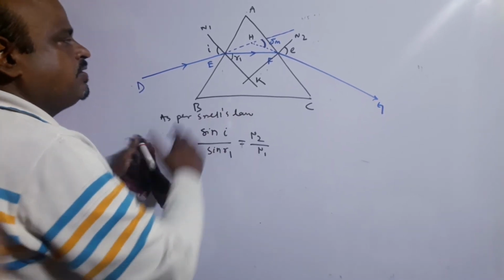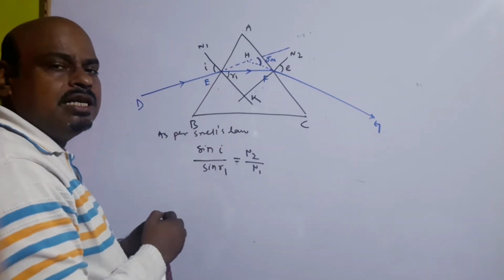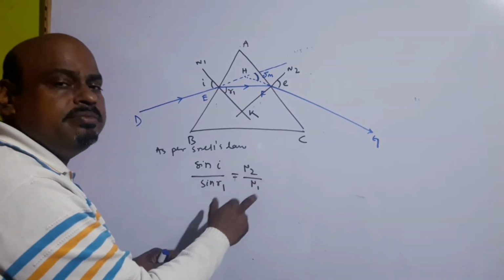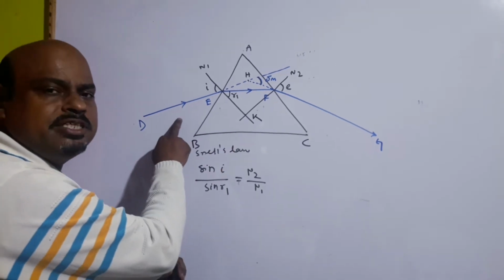I is the angle of incidence, R1 is the angle of refraction. Sin I by sin R1 equal to mu2 by mu1, the refractive index of the second medium by the refractive index of the first medium.